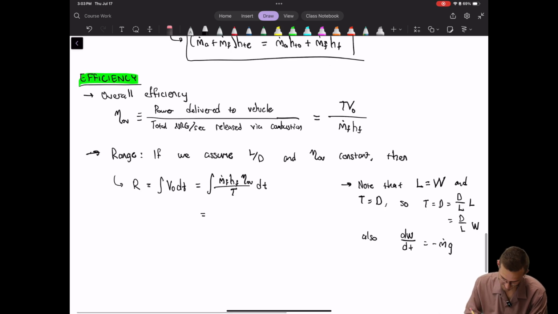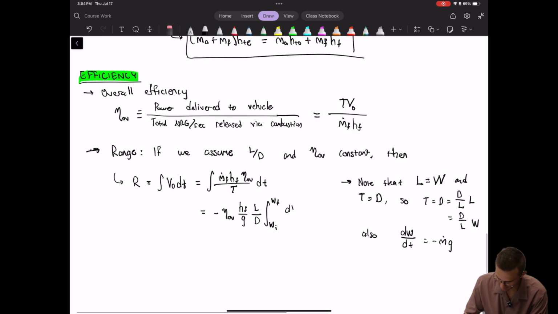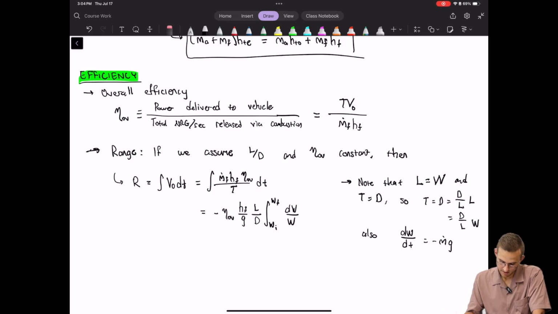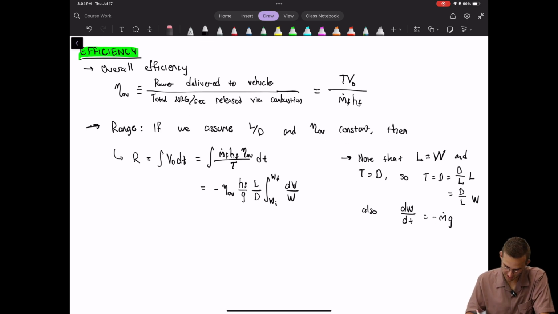If we substitute all these things, you end up with the following, where you have minus eta overall times hf over g times the lift over drag ratio times the integral from W initial to W final of dW over W. Then what you get for the overall range is eta overall times hf over g times L over D times the natural log of W initial over W final.